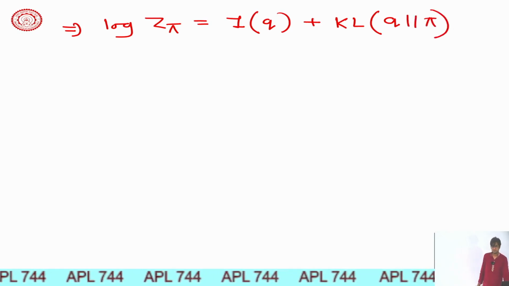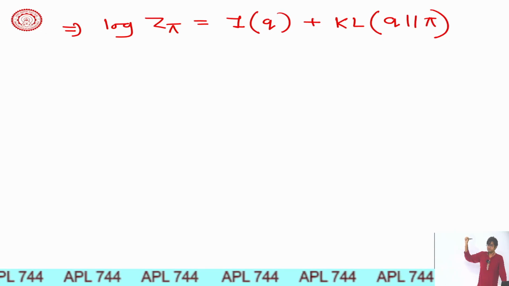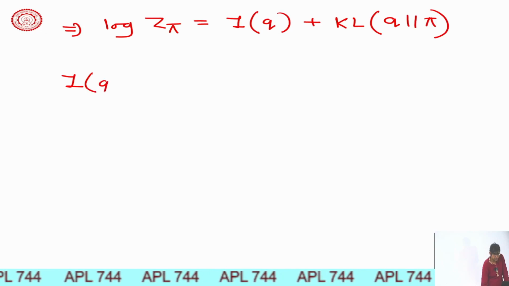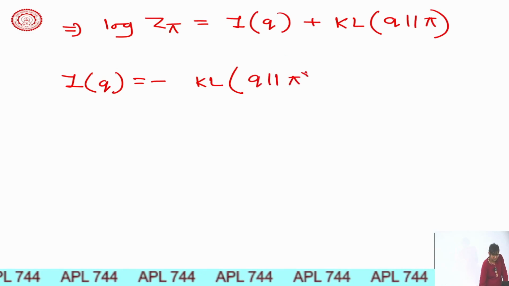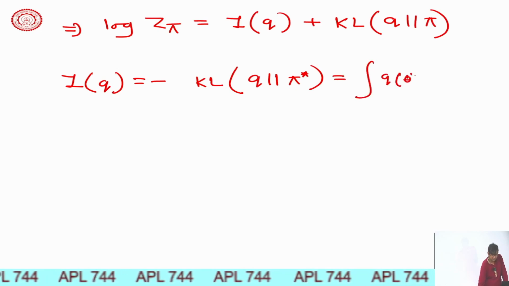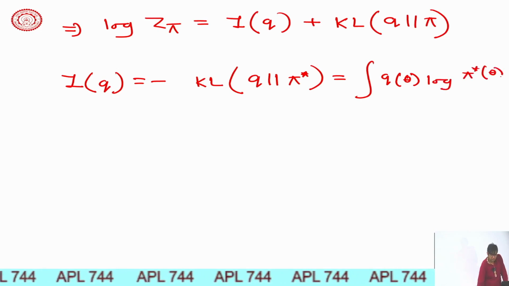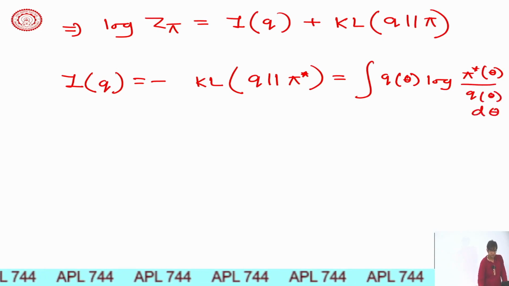Clear? Any doubt on this equation? Let me write L of q also. L of q is equal to minus KL q and pi star, which is equal to integration q theta log pi star theta by q theta d theta. Right? Clear?